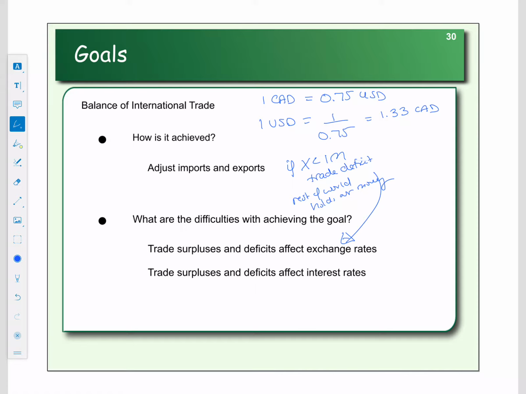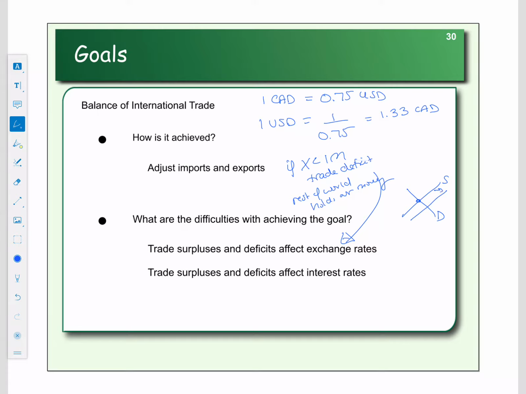So that's going to start to change the exchange rate, because, well, it's a supply and a demand issue, right? So here we go. The rest of the world has our money. Demand, supply. This is the world market for Canadian dollars.